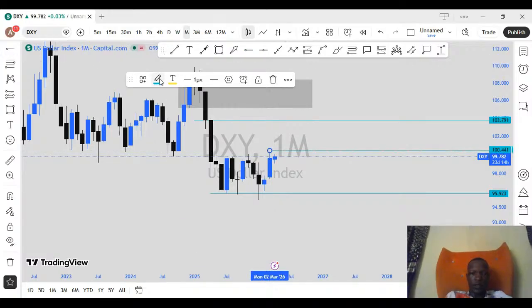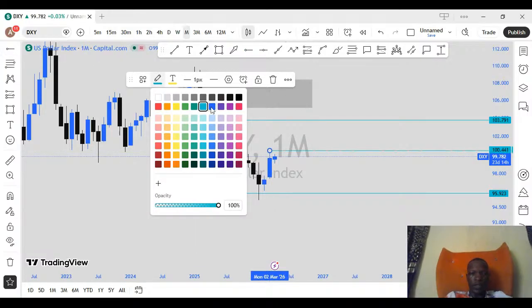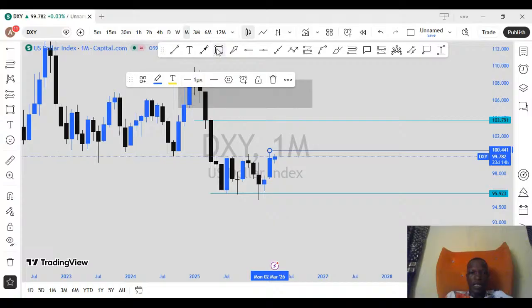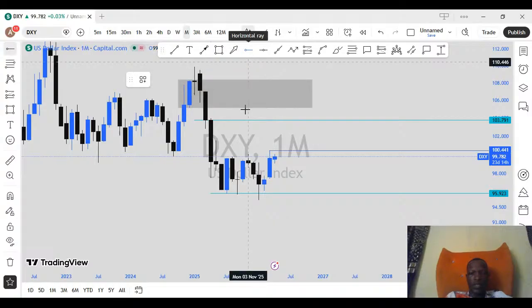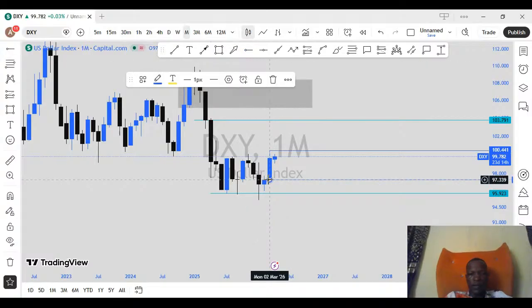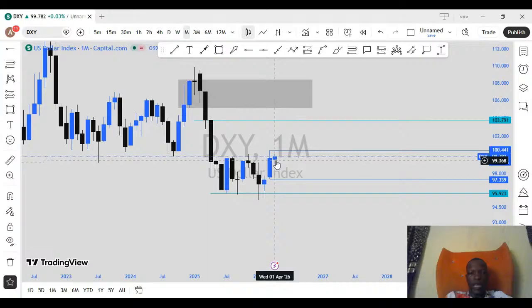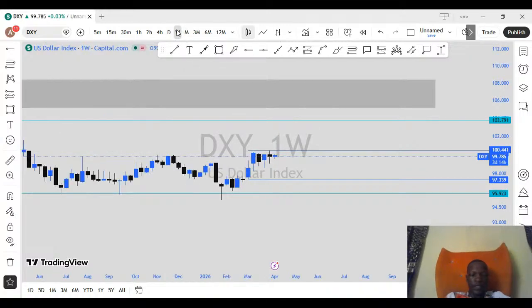Let's change the color so that it won't be the same. We have this liquidity high, and then we have this liquidity low. We expect market to sweep either the upside liquidity or this downside liquidity. Let's check our lower time frame and see where the market is going.